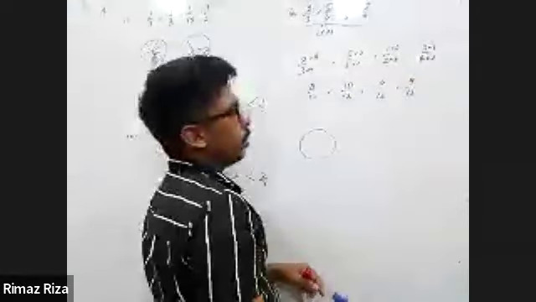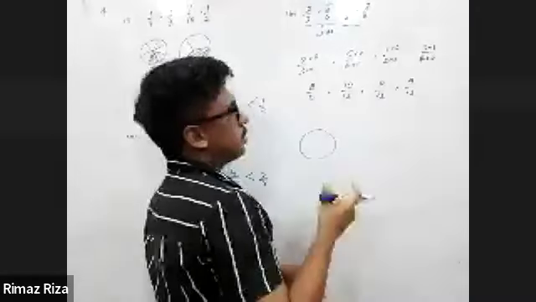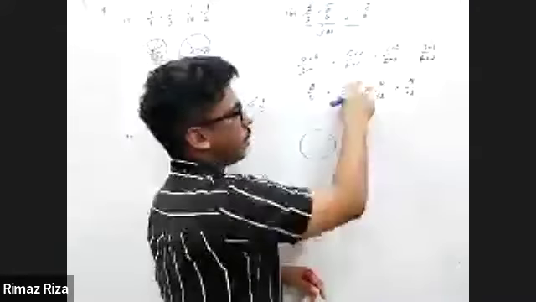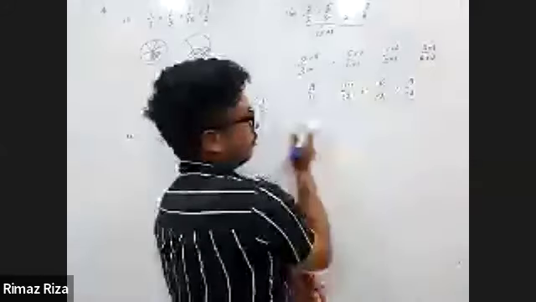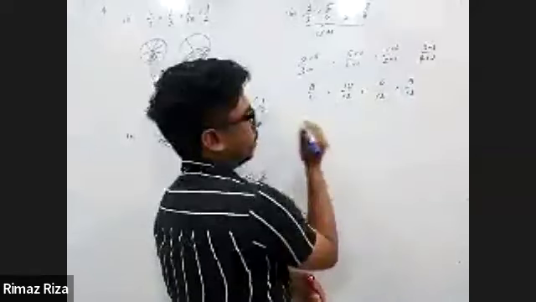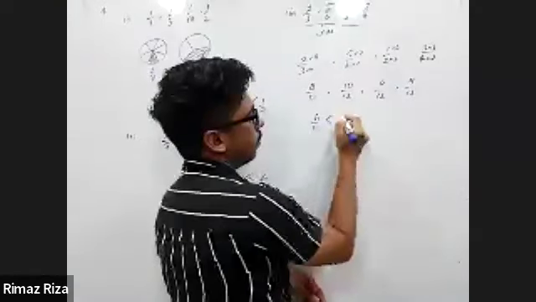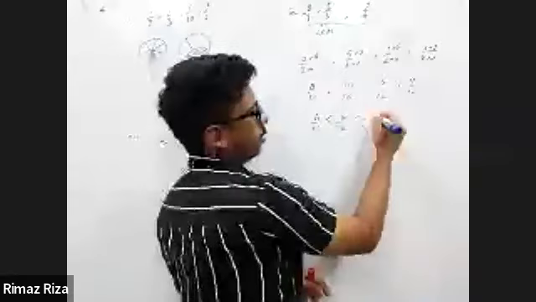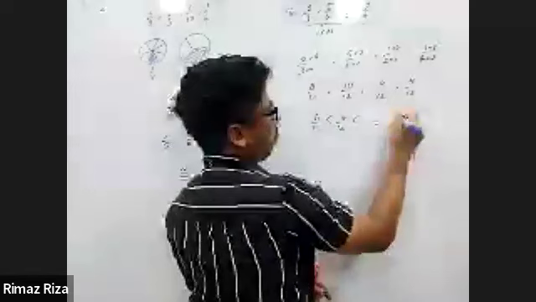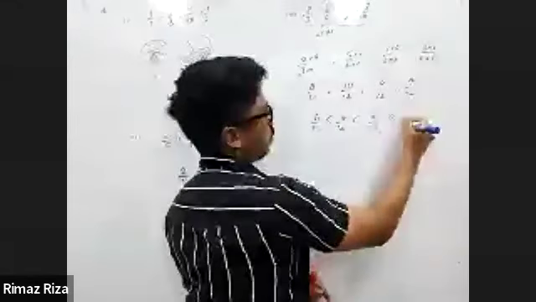So the largest one you get is if you take 10 pieces, right? So this is the biggest and this is the smallest. Okay. So this is the first method. So you can write 6 over 12, then 8 over 12, and then 9 over 12, and 10 over 12.